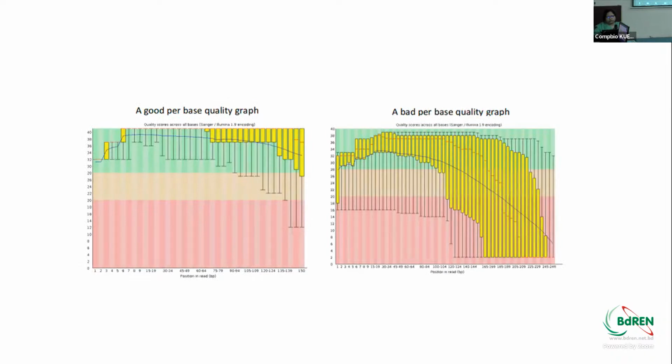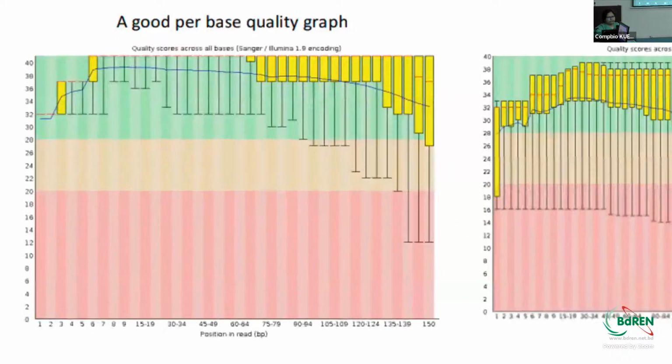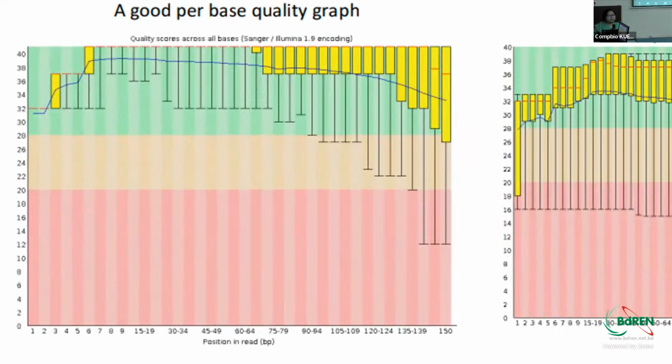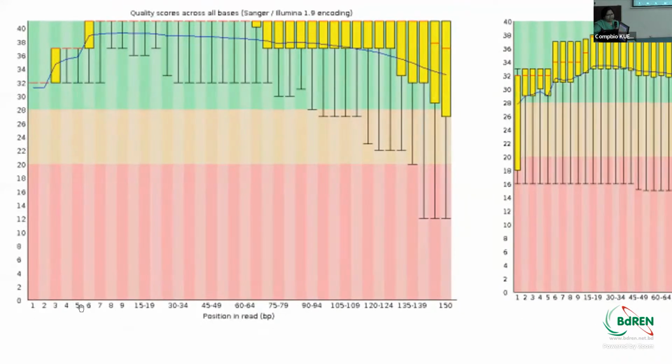On the left-hand side it's a very good per-base quality graph. You can see that these are box plots. You know about the box plot, right? It shows the distribution of the data. And this x-axis is actually not on a linear scale.